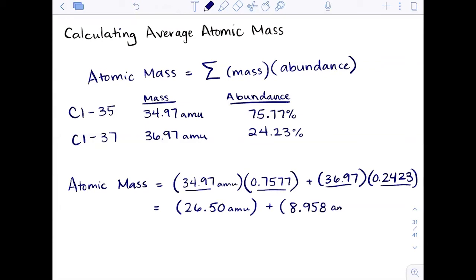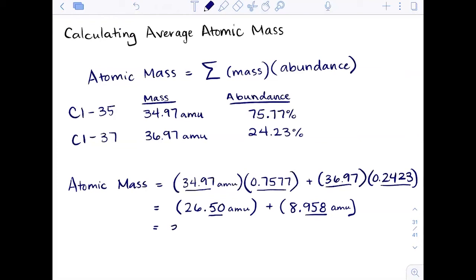8.958 AMU. Now, when I'm changing my operation to addition, I need to remember when adding, I don't look at the number of sig figs, I actually look at the number of decimal places. And that's how many I need to report the smallest amount. So I have 2 decimal places adding up with 3 decimal places.